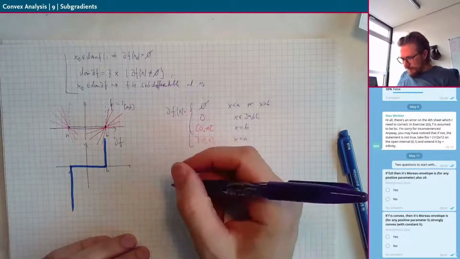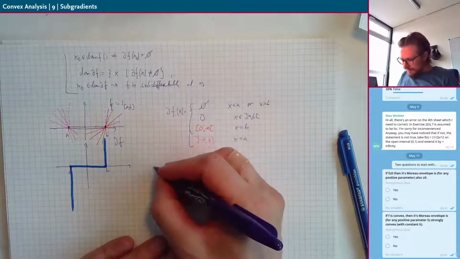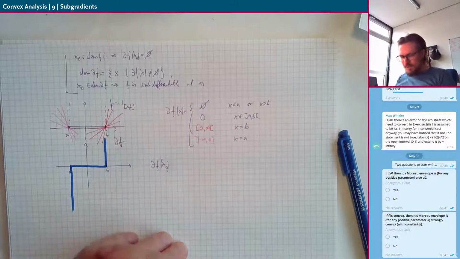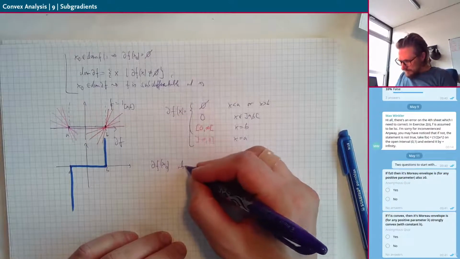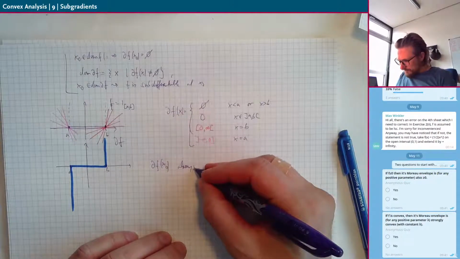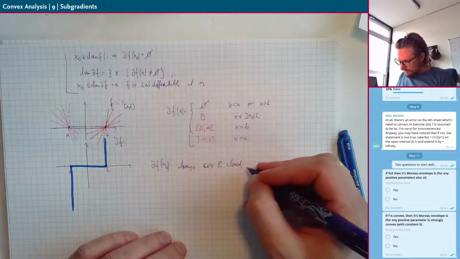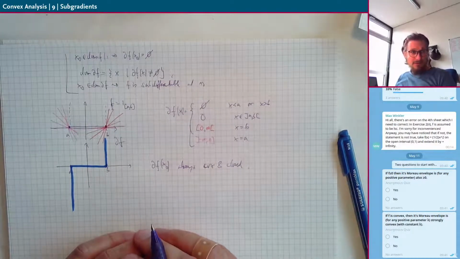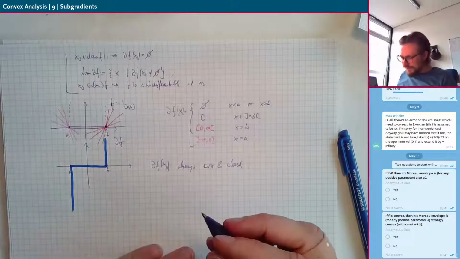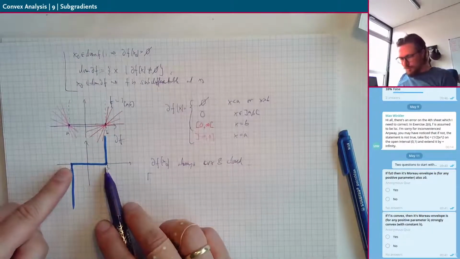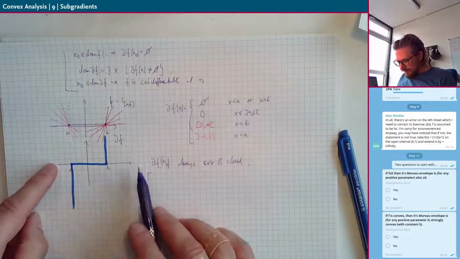Okay, the consequence of the definition is that the set of subgradients at a certain point is always convex and closed. That's also nice, and it's fairly simple to see, so there's nothing difficult behind it. How can you visualize that set?